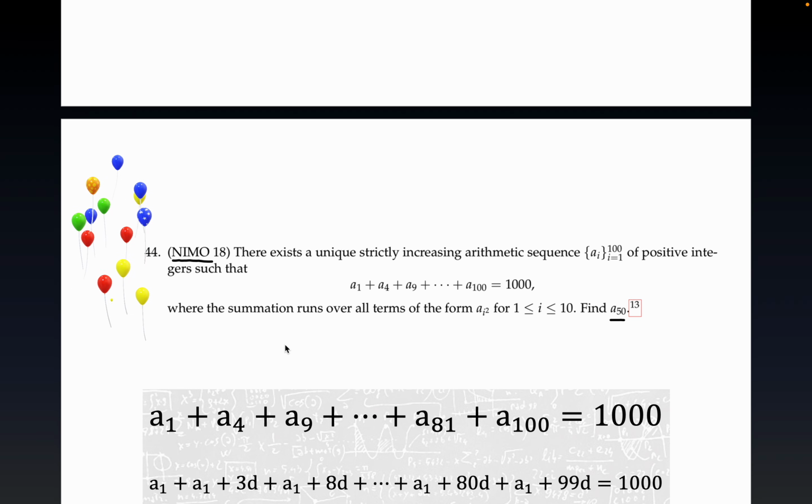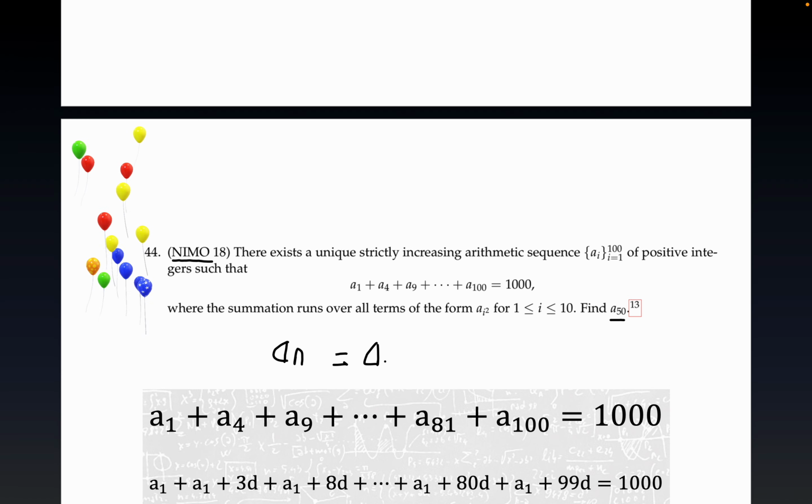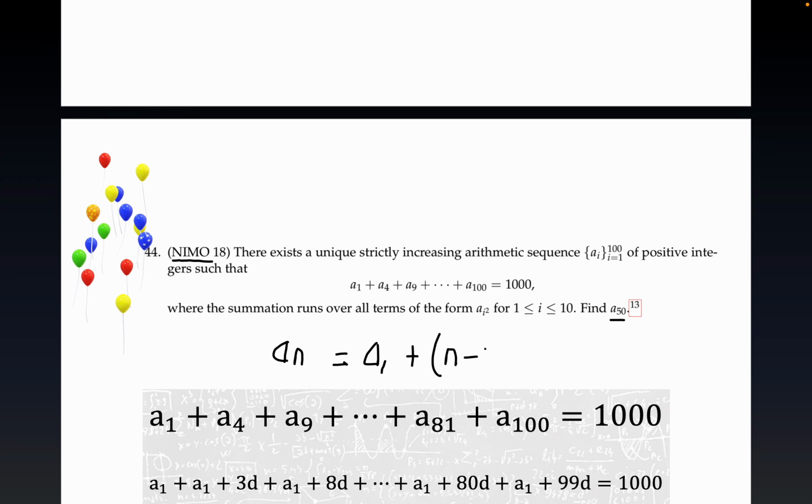The primary result we're going to use is that any term in the sequence is easy to compute based on the definition of an arithmetic sequence. The nth term is just equal to the first term, which we'll call a sub 1, plus, since we need to start adding multiples of the common difference, which we'll call d, n minus 1 times d.